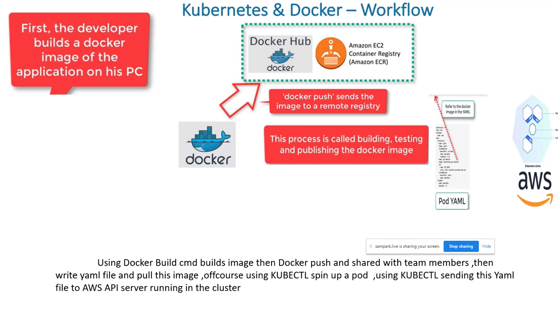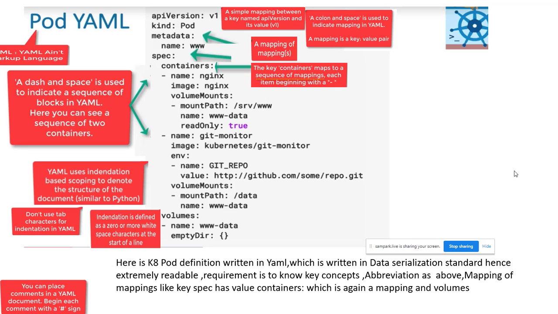Basically you go to AWS cloud, you create a cluster, and what the kubectl command will do is simply send this YAML file to the cluster, basically to the API server, and then you're done, because your job was up to here.